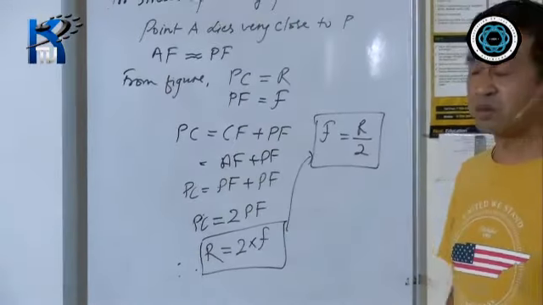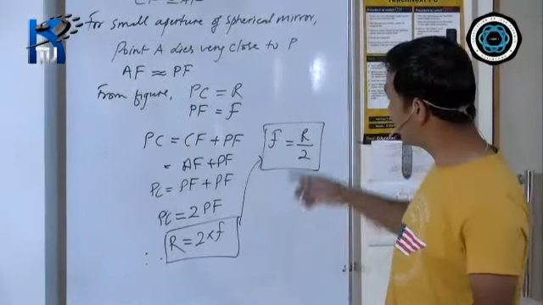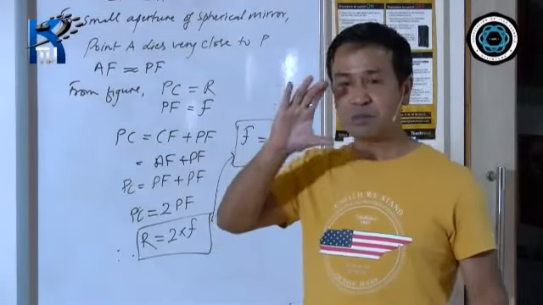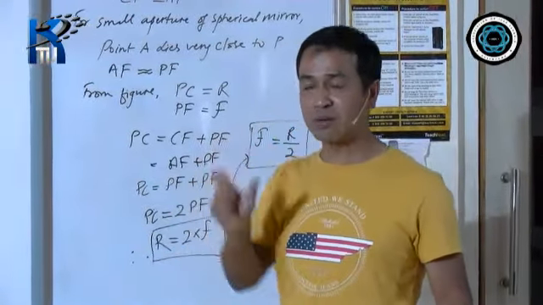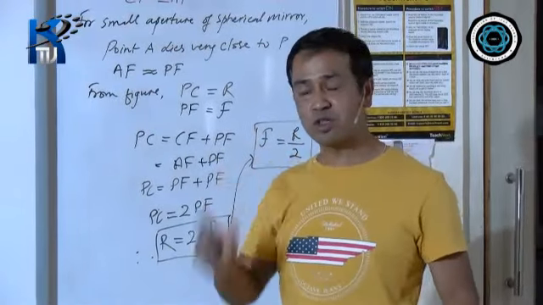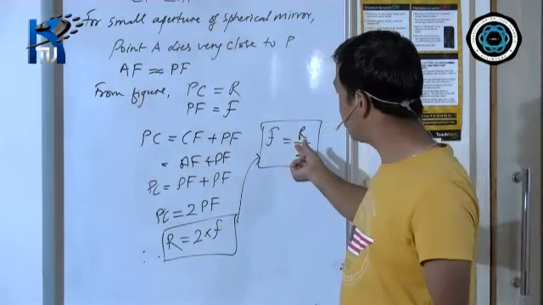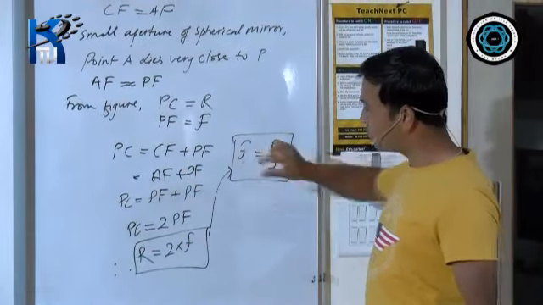Now let me tell you the important point of this relation. Now we have not derived the relation f equals R by 2, but I'll tell you the fact that every spherical mirror is made in such a way that it is provided with a focal length and a radius of curvature. When you design a particular spherical mirror, the radius of curvature remains fixed, and for a particular radius of curvature you have a particular focal length.